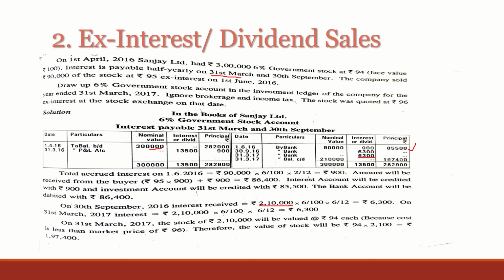While making the calculation, please be careful about the dates and the year. If the financial year is starting on 1st April 2016, be careful about the dates that you are considering here.